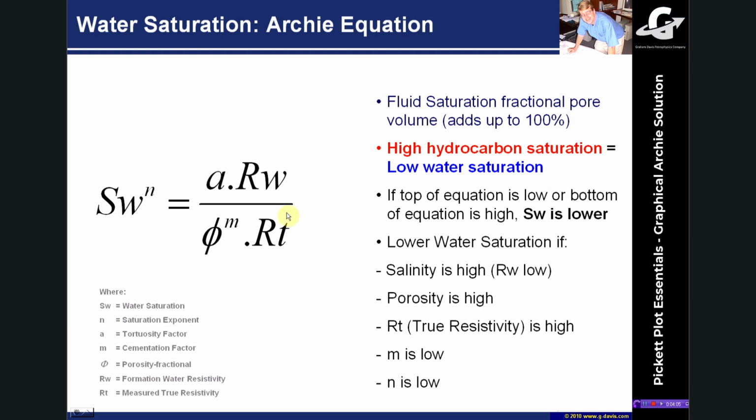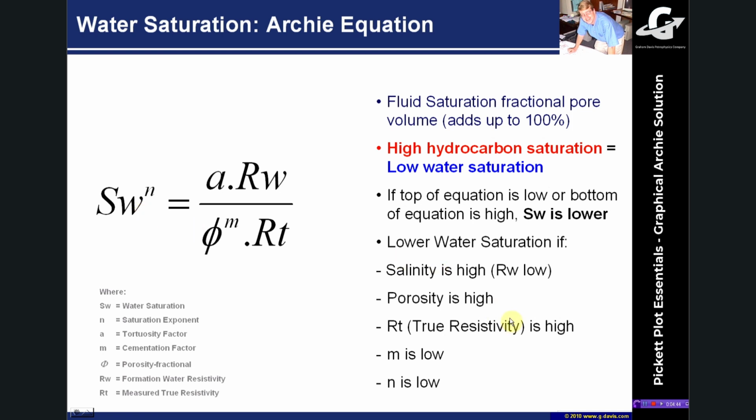Resistivity, true resistivity measured in the formation, if that's a high number, then again this bottom term is high and the SW is low. For completeness, we also get higher oil saturations, lower water saturations if M is low, because we're raising this fractional number here, porosity, this Greek letter phi, to a low number, and the resultant number is actually high, and therefore we get a low water saturation over on this side of the equation.